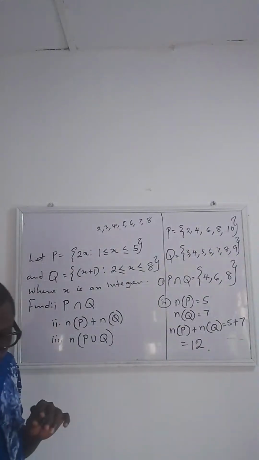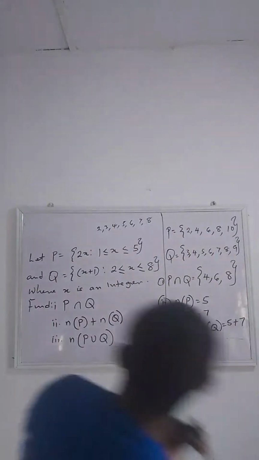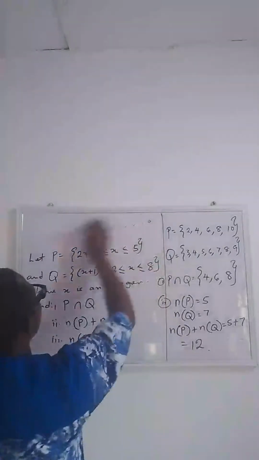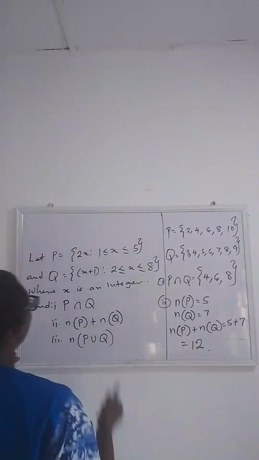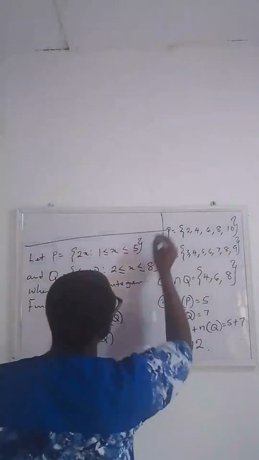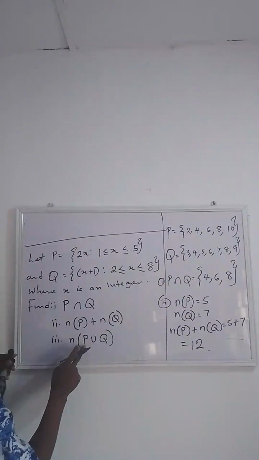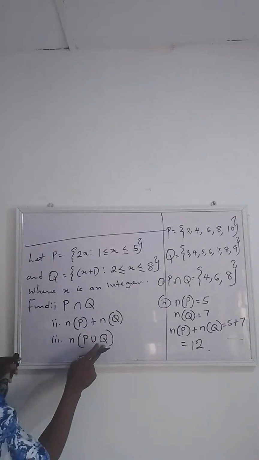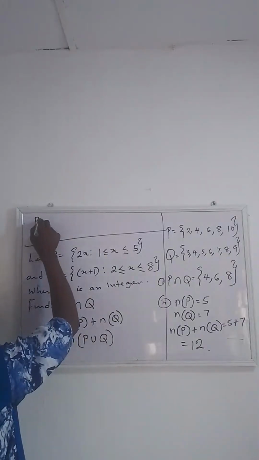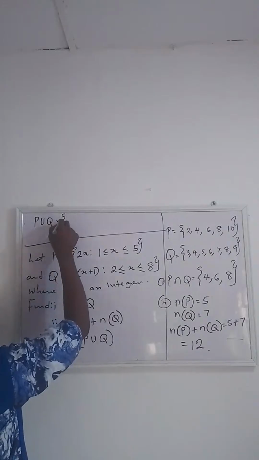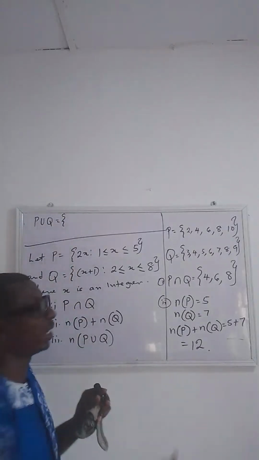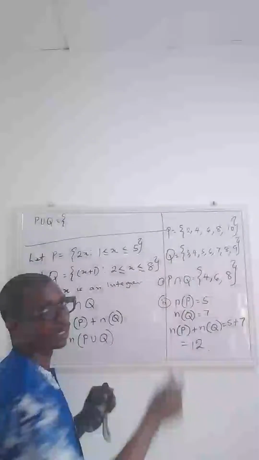Now the last one is the number of elements of the union of P and Q. So now let's find the union of P and Q. Now union just means you put together the two sets.